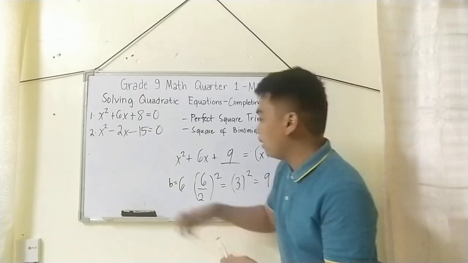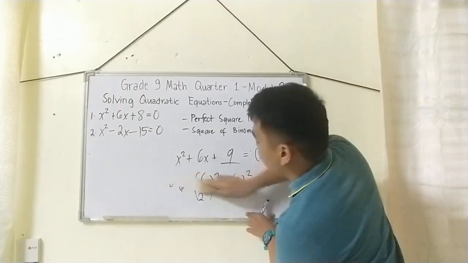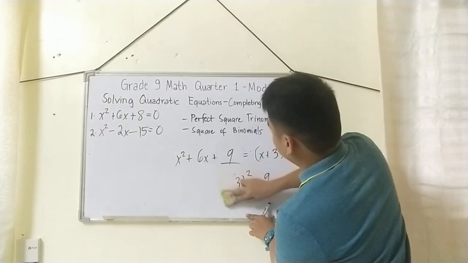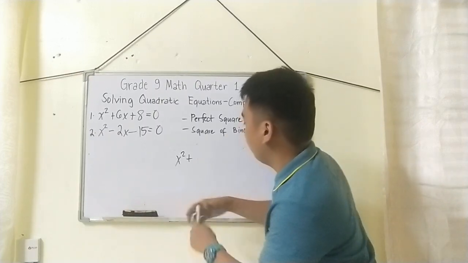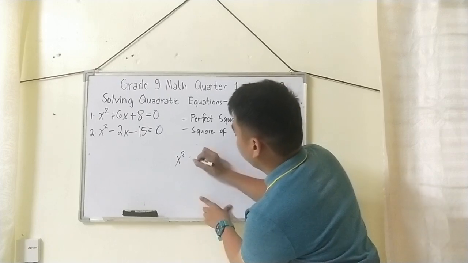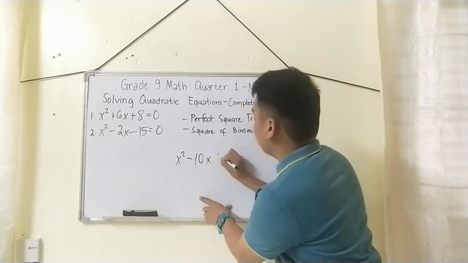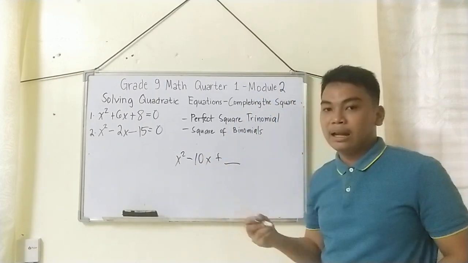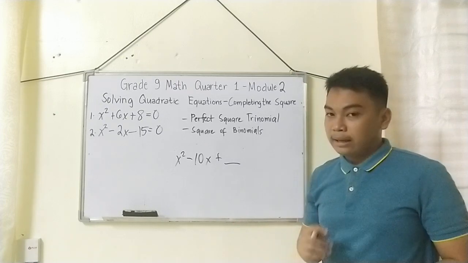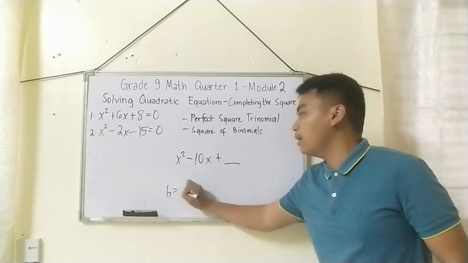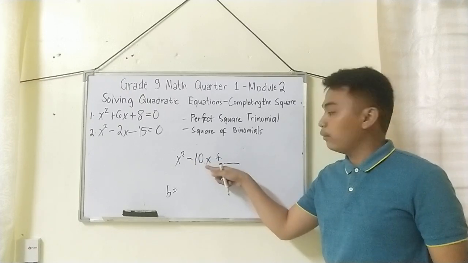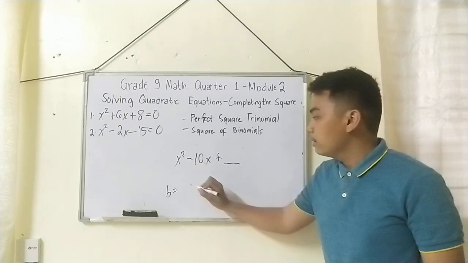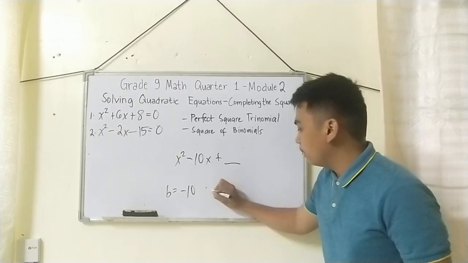Okay, another example. Let's make b negative this time. So, for example, we have minus 10x plus blank. So, what do we need to add here, Hobbiters? Okay, again, let's identify b first. So, our b is negative 10, the coefficient of x.